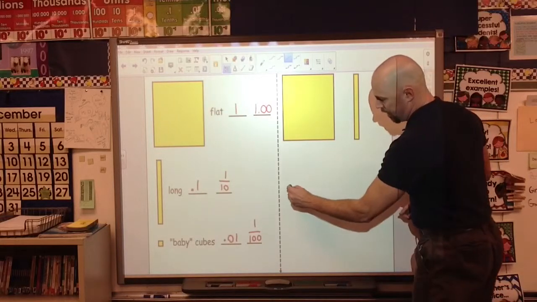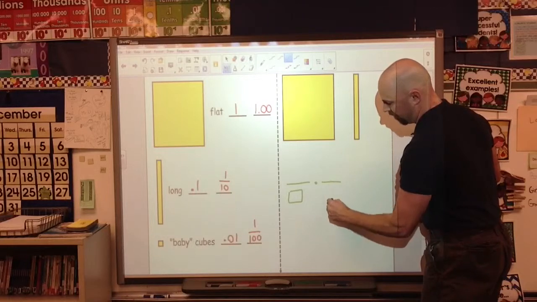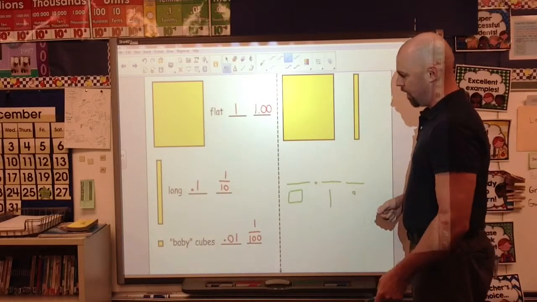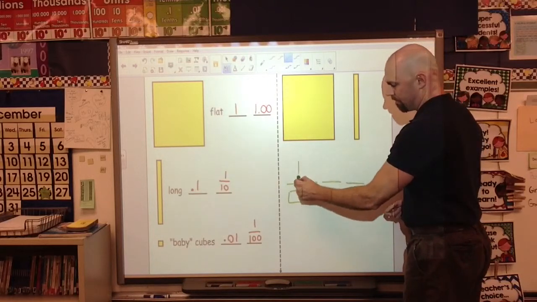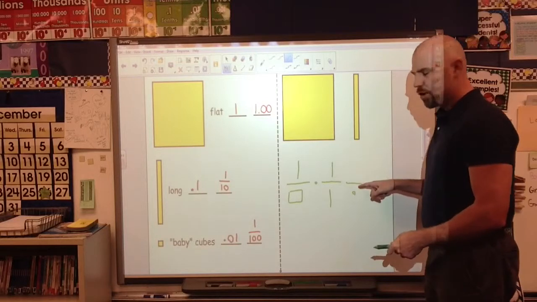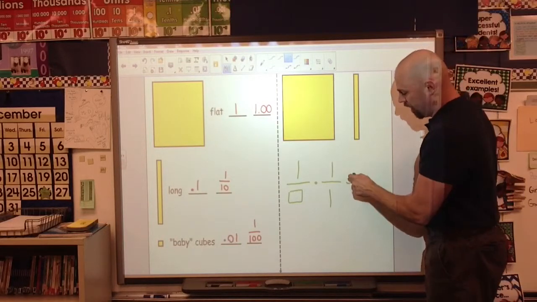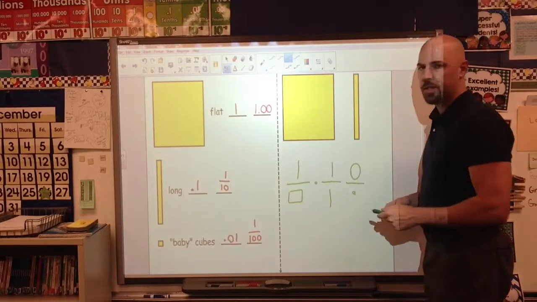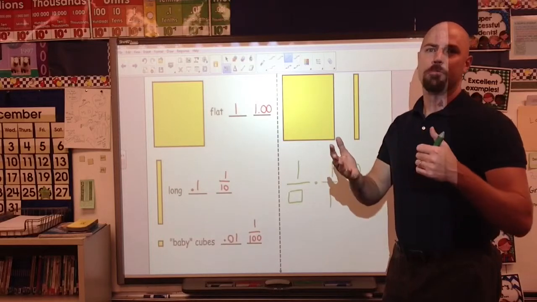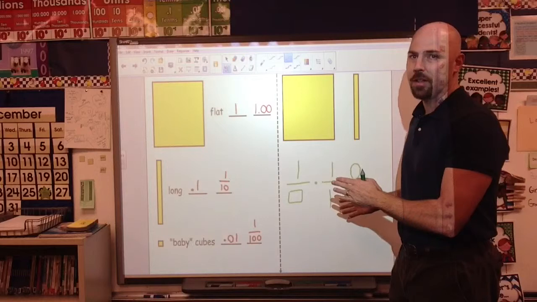So we make our space for our flat, our space for our long, and our space for our baby cube. We've got 1 flat, we've got 1 long, and do we have any baby cubes? No. Right now, we're going to put a 0 down. You should just use that as a placeholder. And I always joke with them, sometimes we put the 0 because it makes us more cuddly and ready to go. We feel safe that we filled it in.